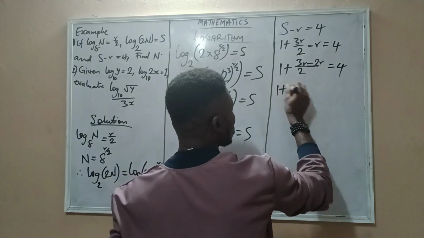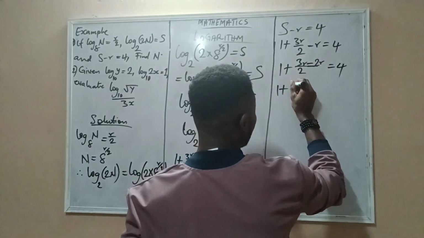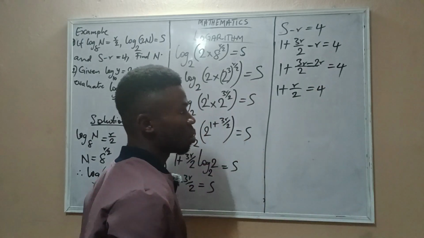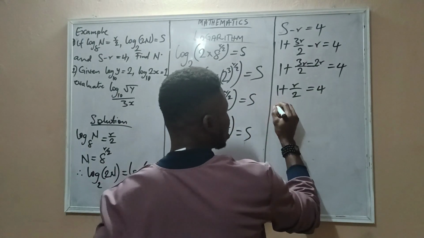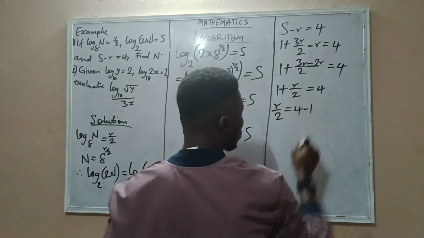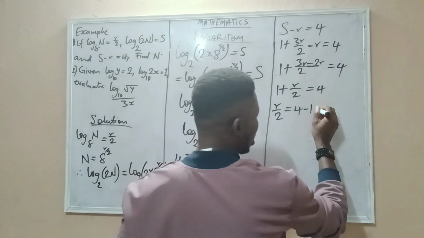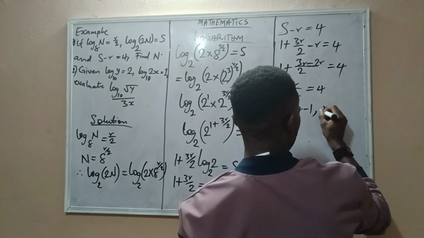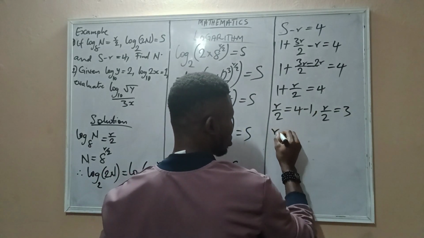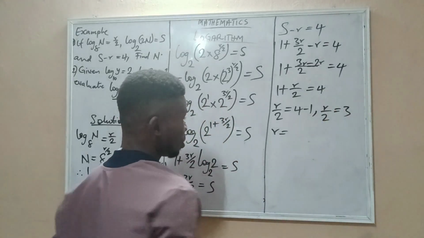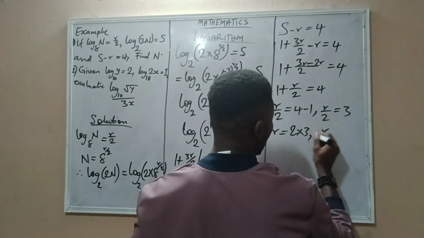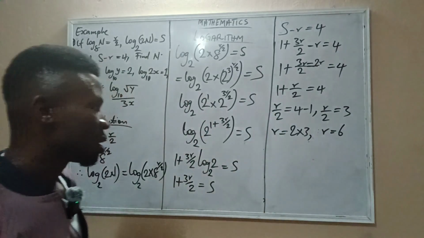So we have 1 plus 3r minus 2r, which is r over 2, is equal to 4. This is the same thing as r over 2 is equal to 4 minus 1. This implies that r over 2 is equal to 3, and then r equals 2 times 3, so r is equal to 6.